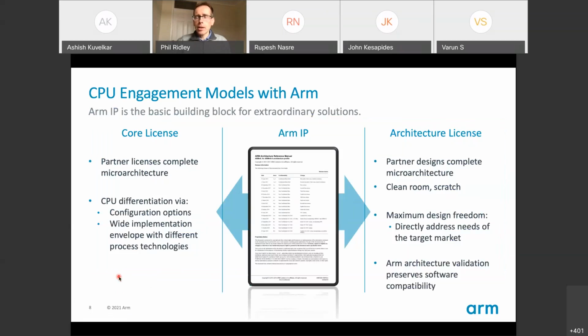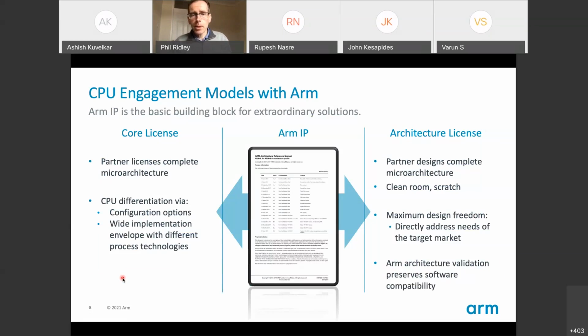So I've said before about how ARM operates in terms of its intellectual property model. We don't fabricate the processors, but what we do is allow a partner to buy a license to then design and create their own architecture, or use one of ours already.